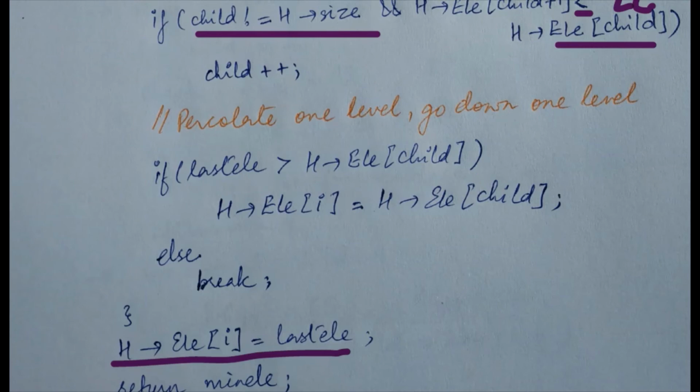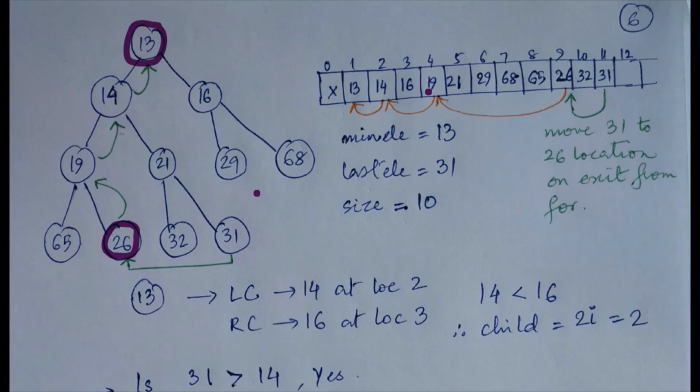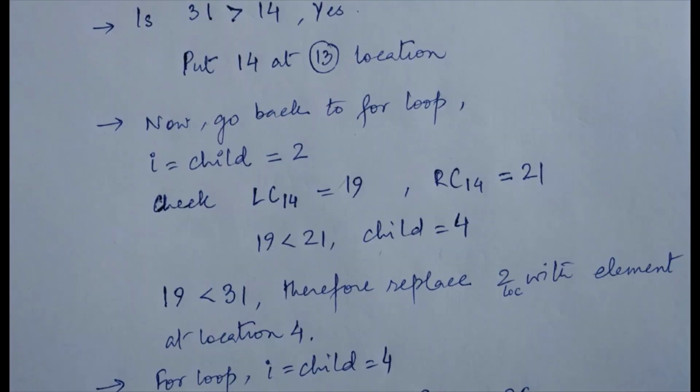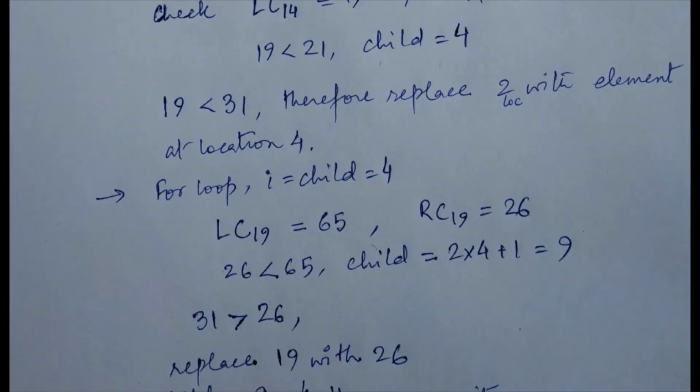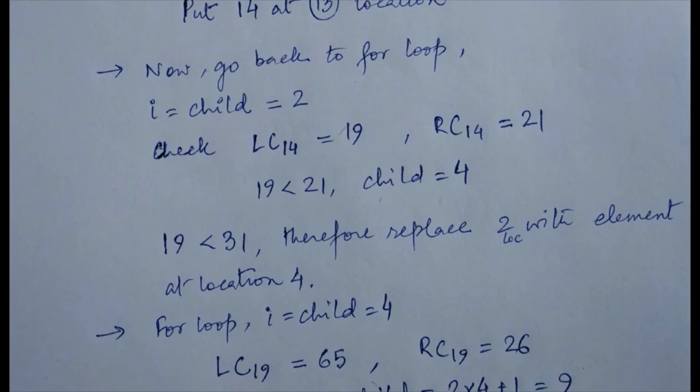Let me see if I can tell you an example where the last element is not greater than the child. I don't think I'll be able to find it in this tree, so we'll do that as an exercise later on. So I've written some notes here for you to understand what happens in each loop, what are the I values and what are the child values.